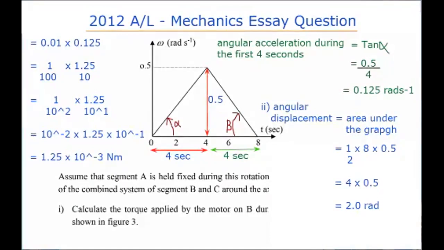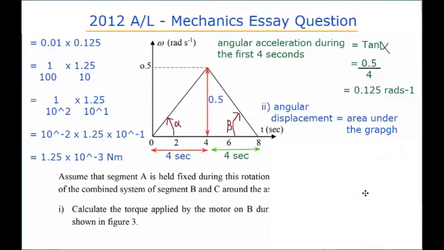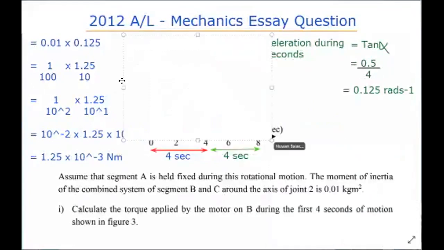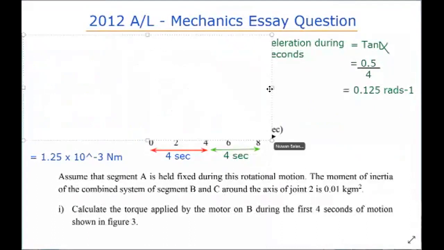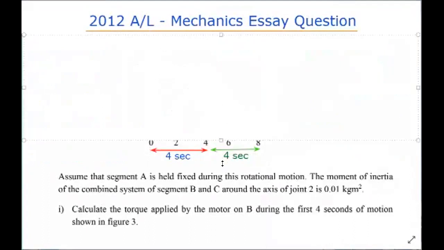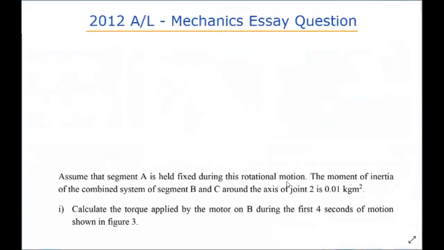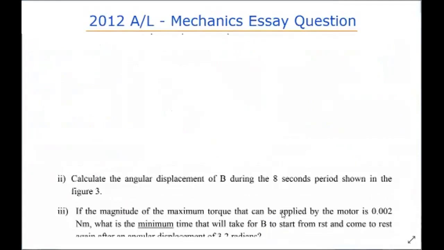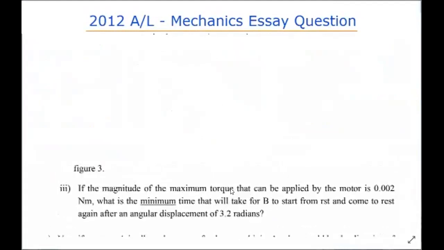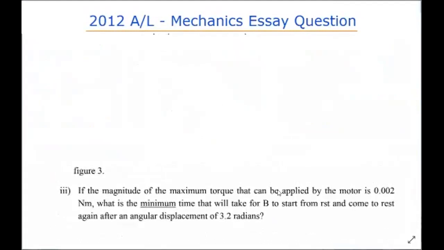Look at board. So we have found the angular displacement, right? So let me check the next question. Roman number 1 we complete. Roman number 2 we have answered. Roman number 3: if the magnitude of the maximum torque that can be applied by the motor is 0.02, to rotate the segment B, there is a motor.